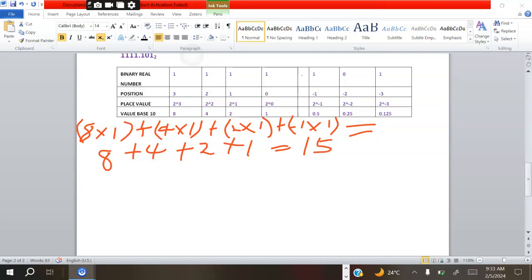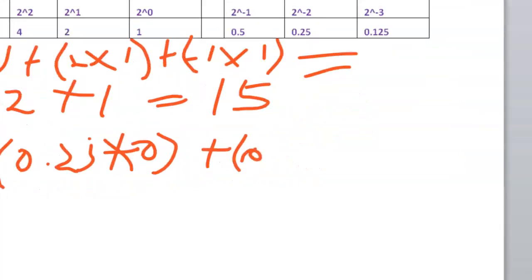Let's move now to the fractional part: 0.5 multiplied by 1, plus 0.25 multiplied by 0, plus 0.125 multiplied by 1.